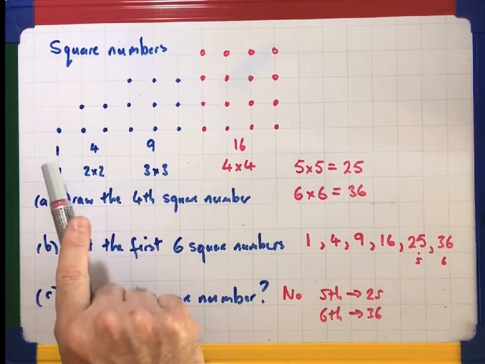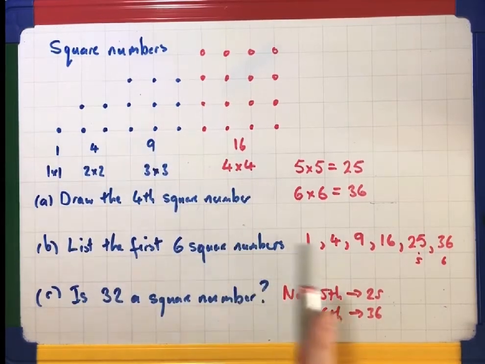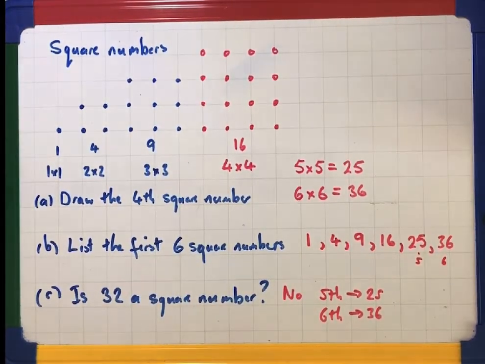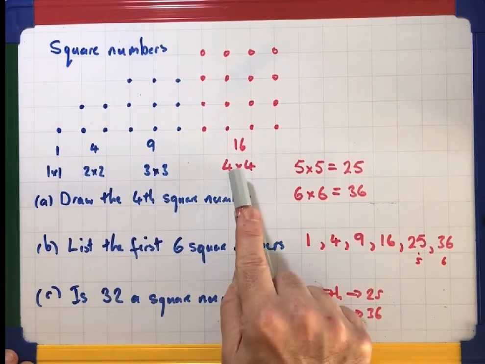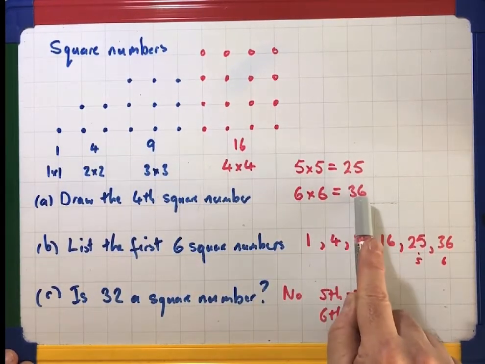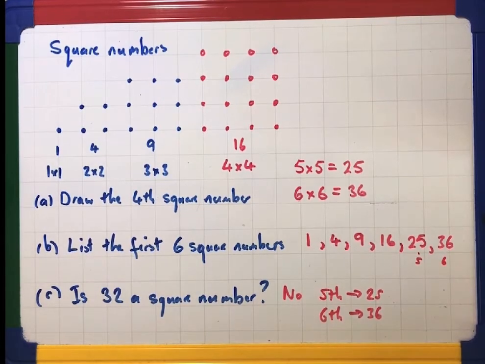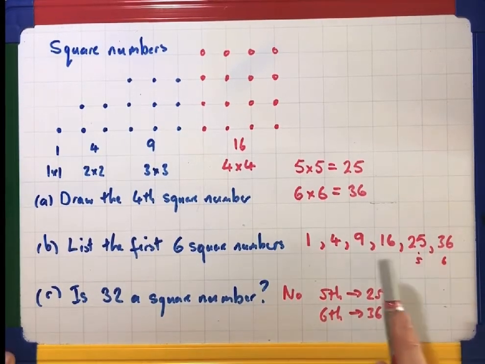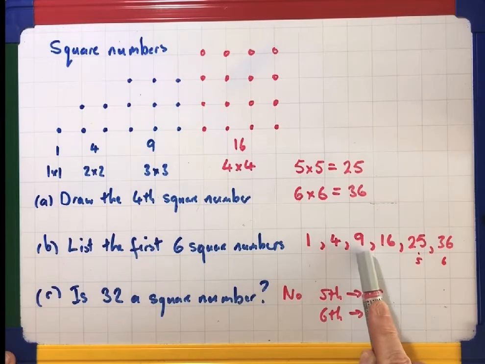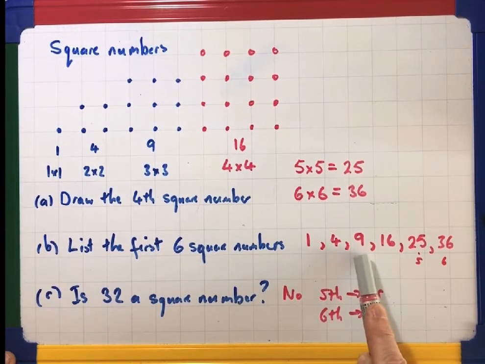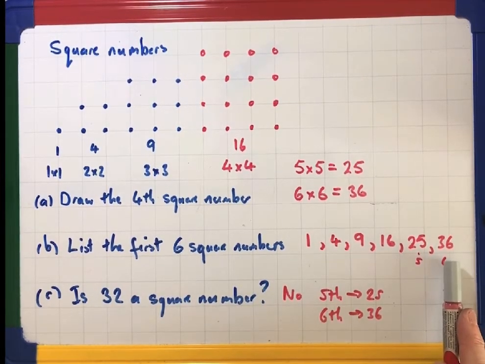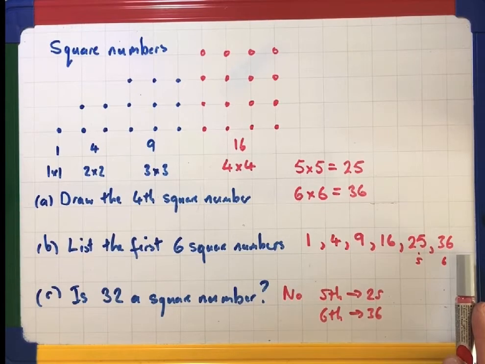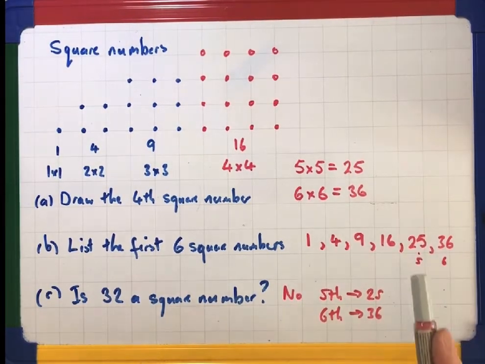It's in the sequence 1, 4, 9, 16, 25, 36, which is 1 times 1, 2 times 2, 3 times 3, 4 times 4, 5 times 5, 6 times 6, and so on. And as I said, we would describe 9 as being the third square number because it's the third term in this sequence. And if it's not in this list or a continuation of this list, then it's not a square number.